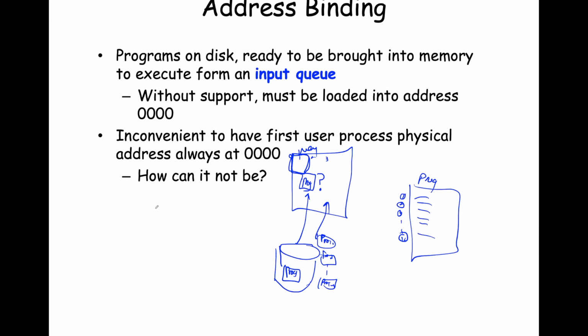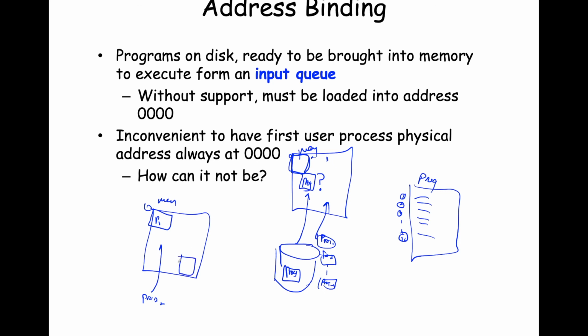Because if you have more than one process, so let me redraw memory, and you have program 1 loaded as process P1, and now you have program 2 in the queue ready to be loaded, you can't load it in memory location 0 because there's something already there. So it's not convenient to always load the first process at physical address 0.